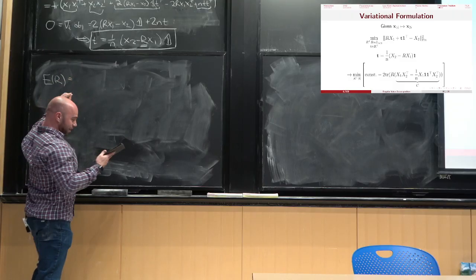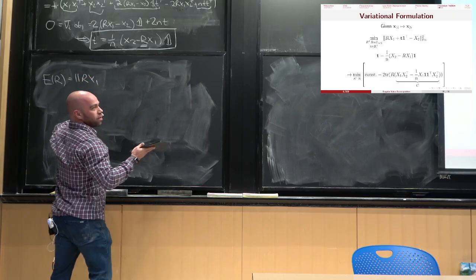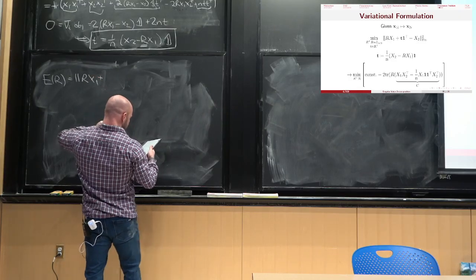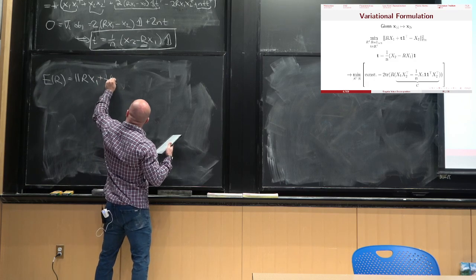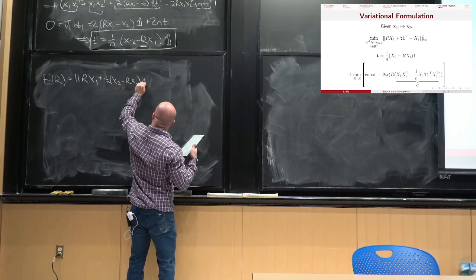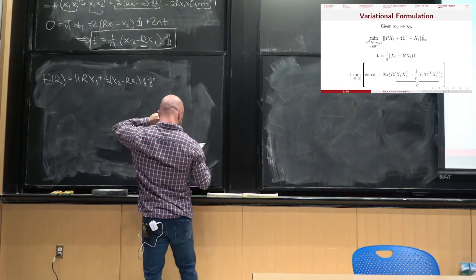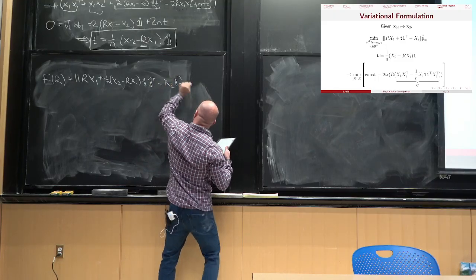This is so yucky. Okay, so we're going to get r x1 plus t times the vector of all ones transpose. So now we have 1 over n times x2 minus r x1, times 1, times 1 transpose, minus x2 Frobenius norm squared.